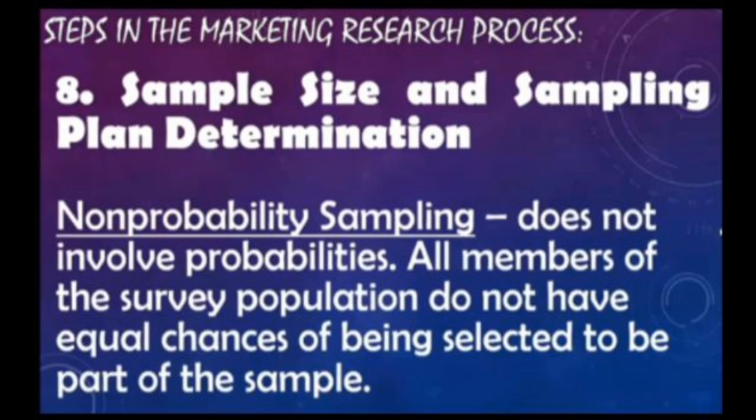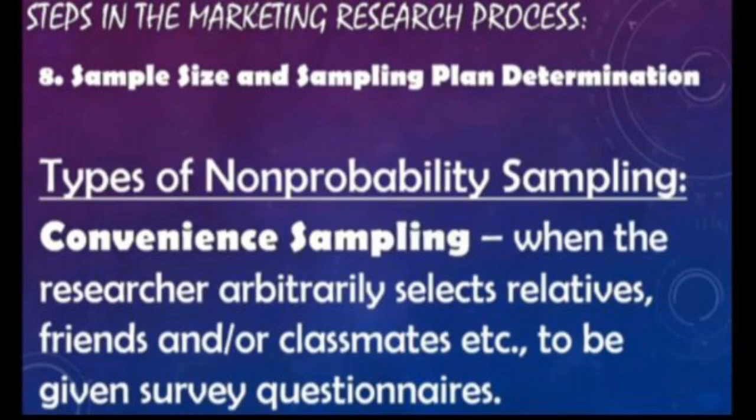So, non-probability sampling is mostly used in qualitative research, because it is more on observation and is not time and cost consuming, since it needs a smaller sample than probability sampling.